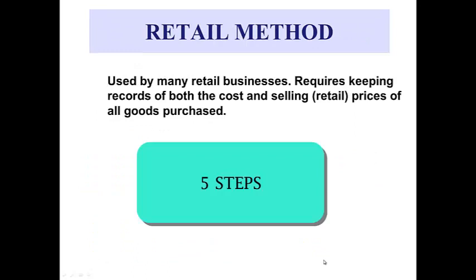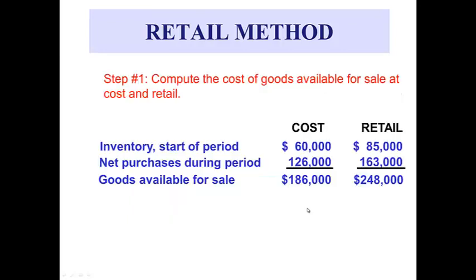Okay, now let's look at the retail method. This requires a business to record both the cost and the retail prices of all goods purchased. So let's look at the 5 steps we need to calculate our ending inventory. First, we're going to compute the cost of goods available for sale at cost and retail.